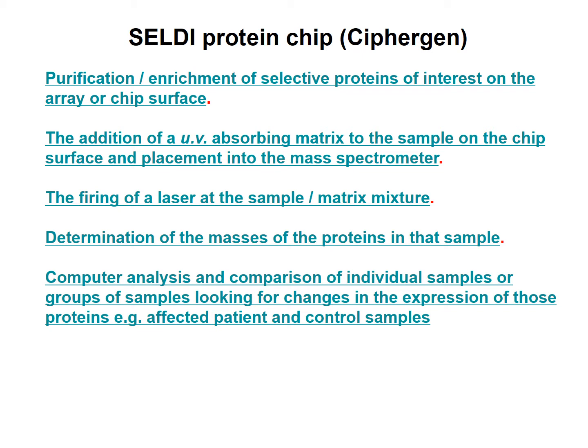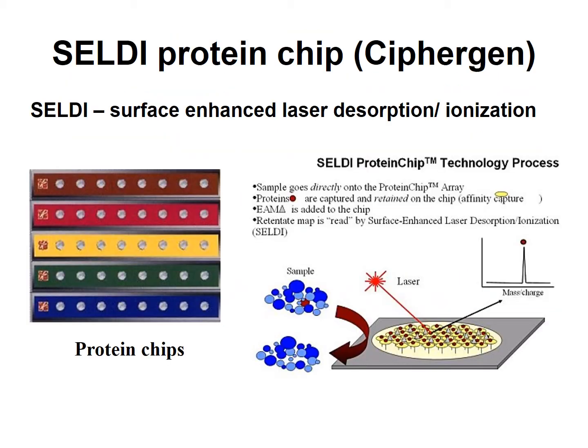And so what the SELDI chip does is they've set up grids on the chip that preferentially bind to certain protein types, and that's the key thing. It's called surface enhanced laser desorption ionization, SELDI.